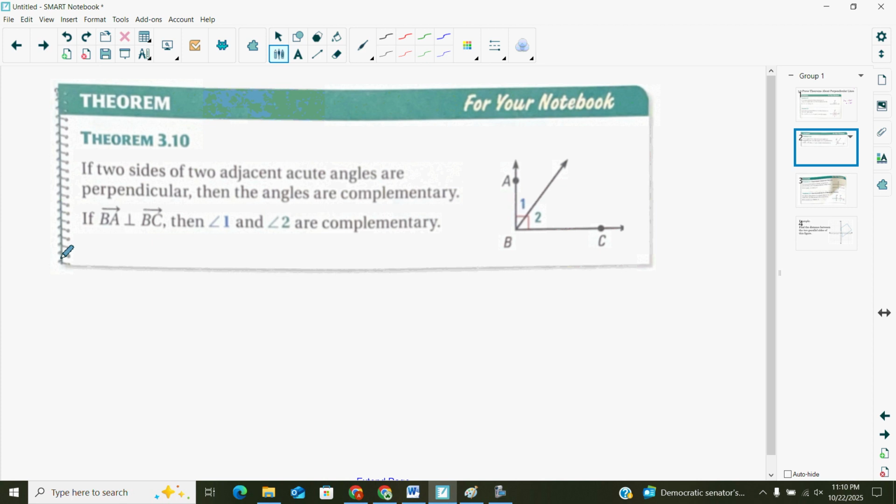Our next theorem, Theorem 3.10, says if two sides of two adjacent acute angles are perpendicular, then the angles are complementary.